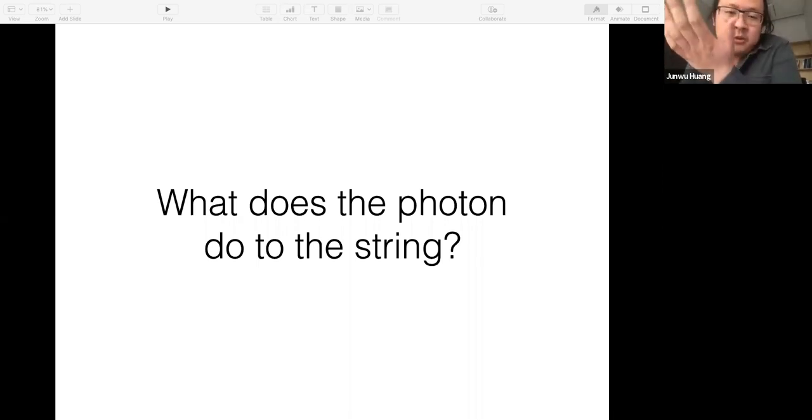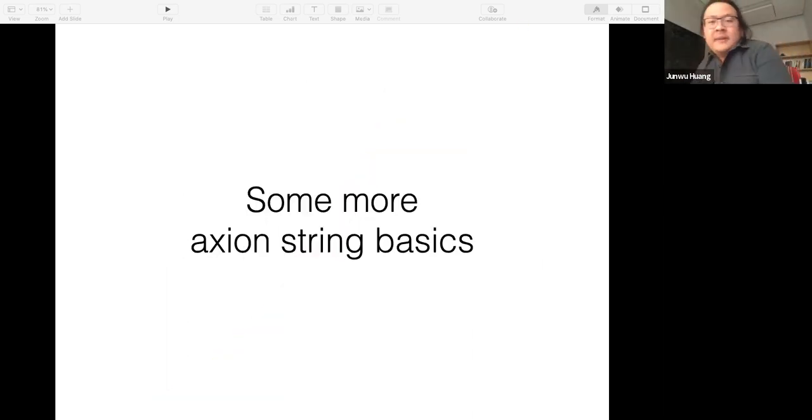In this part, we'll be asking the opposite question: how does the photon affect the axion strings? In particular, how a coherent electromagnetic field in the universe, for example a galactic magnetic field, is going to affect the dynamics of the axion strings.